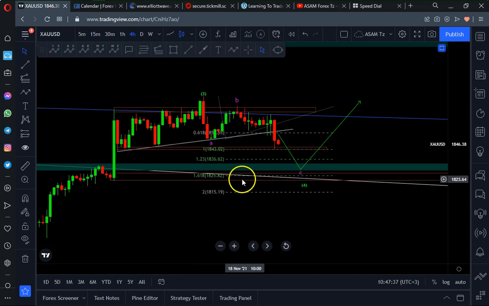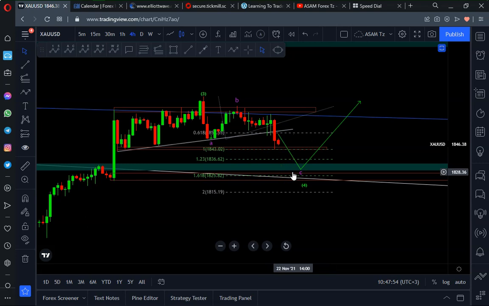Mostly we expect to see it at 1.618. So we expect this must extend up to 1.618, which is also a confirmation for price to reach this level next week.